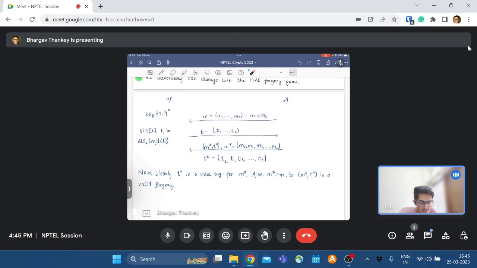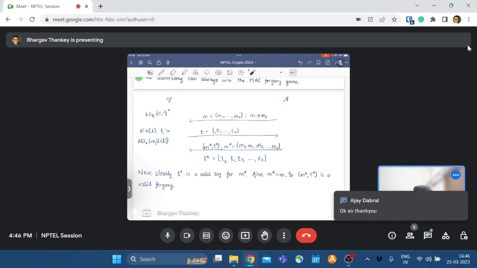Now I claim that T star is a valid tag for M star. Why? Because what is T2? T2 is AES_K of M2 concatenated with L, which is fine. Same with T1, right? T1 is AES_K of M1 concatenated with L, and same with T3 to TL, right? So T star is a valid tag for M star. Is this fine? Yeah.